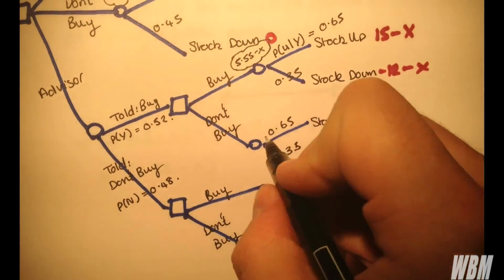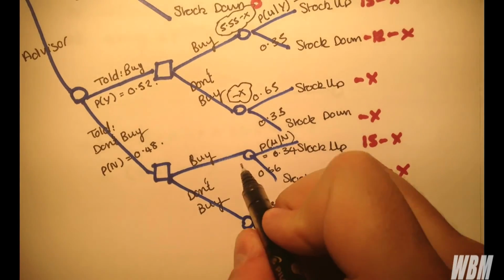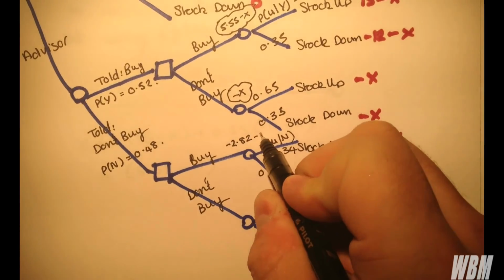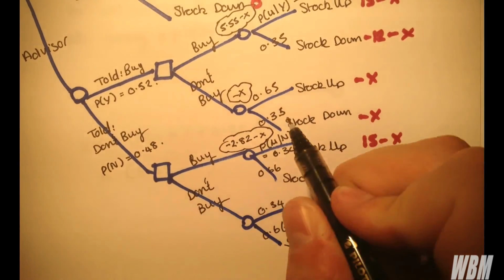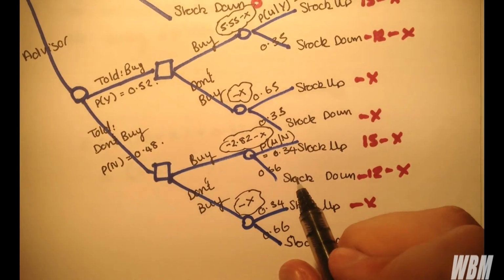So here we're left with minus x. At this point we have minus 2.82 minus x, and another minus x down here.